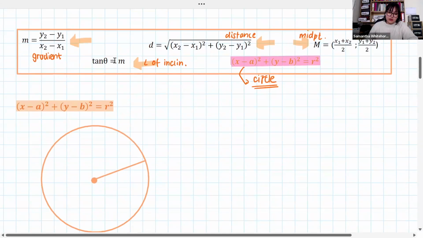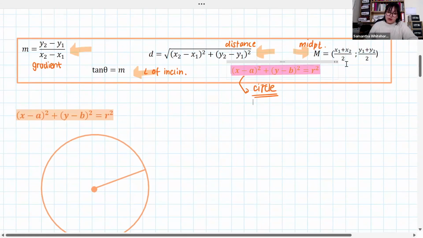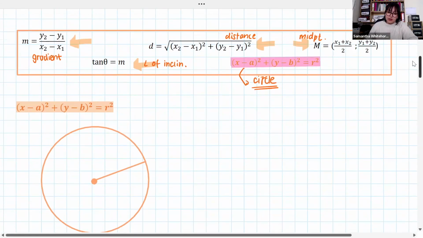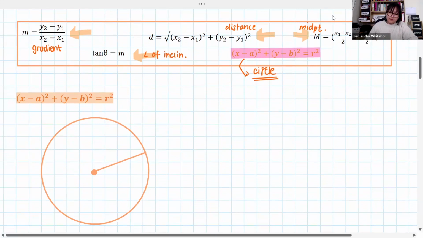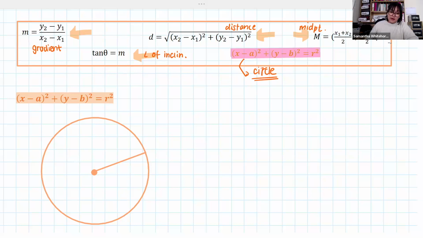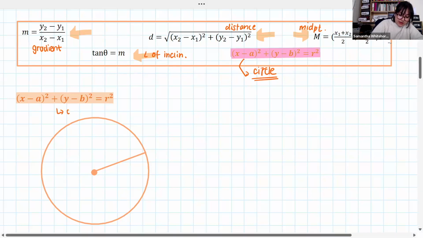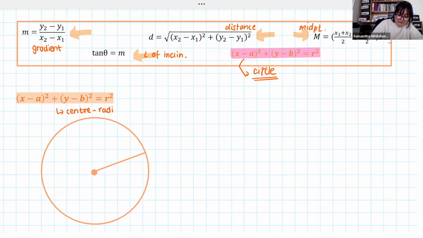Okay, so if we just shove down a bit and have a look at a circle and its formula and what this all means. The formula that we have here is in center radius form. The reason I'm making a point of this is because, with any formula, you get a standard form.